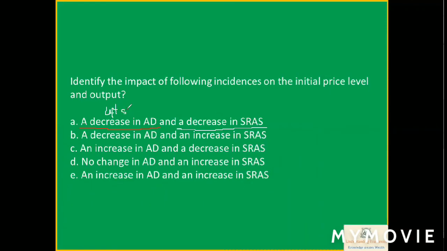It will shift to the left, and due to the decrease in short-run aggregate supply, the short-run aggregate supply curve will also shift to the left. Now let us draw the leftward shift of these curves in the diagram.